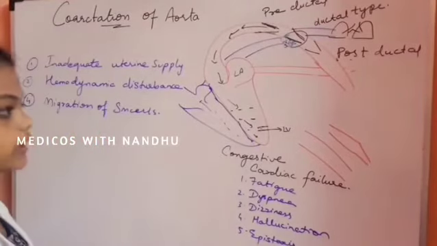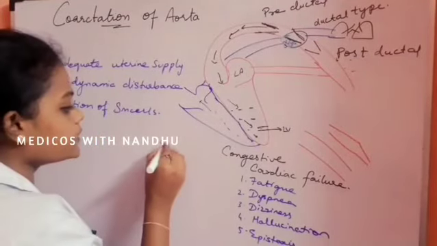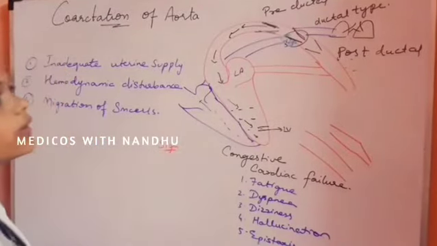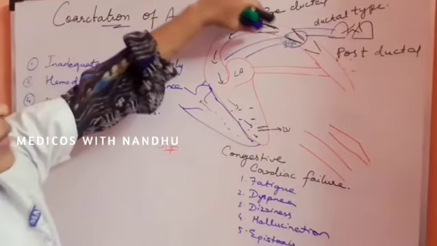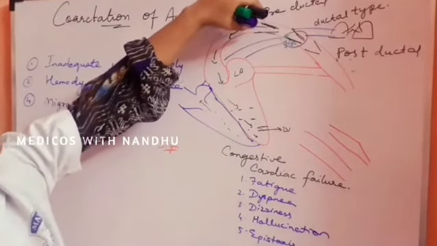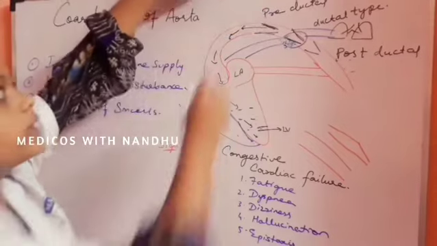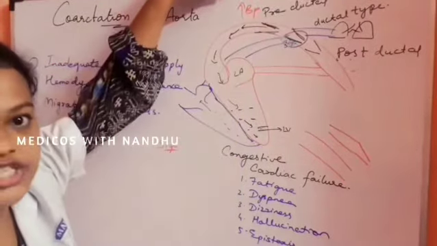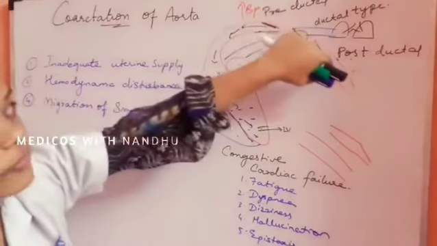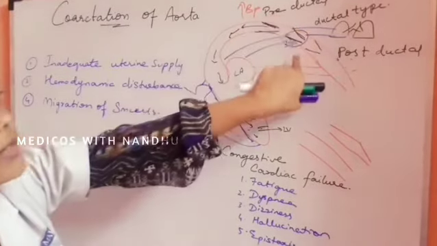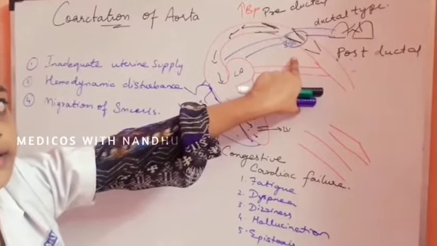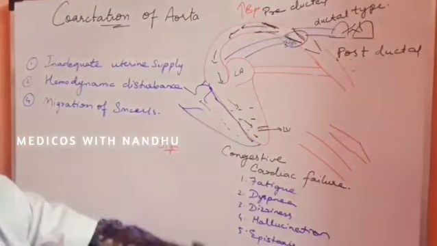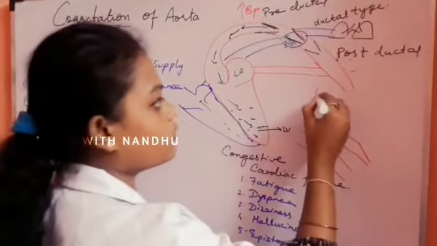Now signs. Coming to signs, we should remember that if proximal stenosis takes place, the blood pressure will be more on the upper extremities. If distal stenosis takes place, the blood pressure will be low in the distal part.